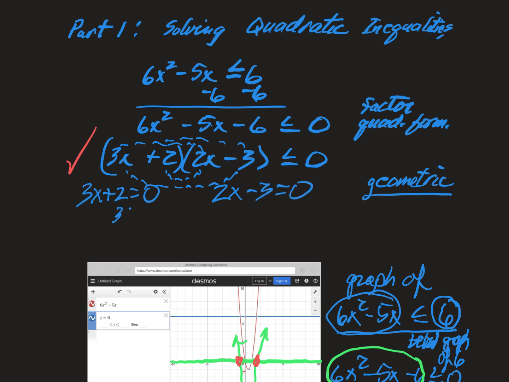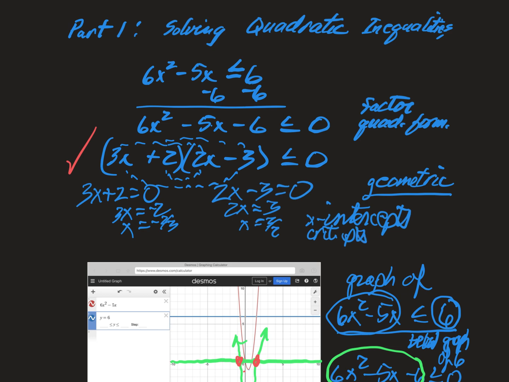And that gives us 3x equals negative 2, x equals negative 2/3, and 2x equals 3, x equals 3/2. And so these are the x-intercepts. Oftentimes we'll call them critical points.